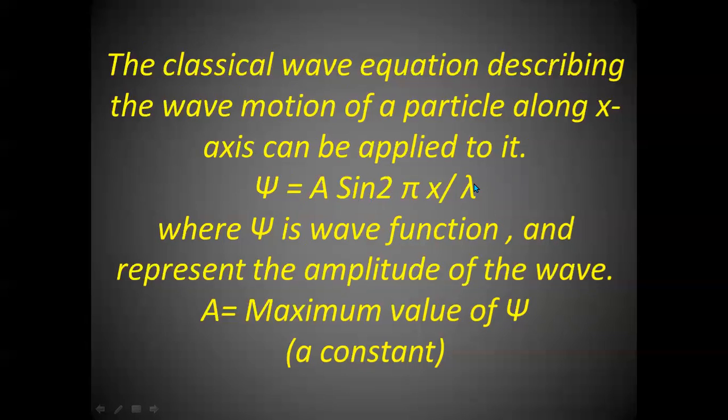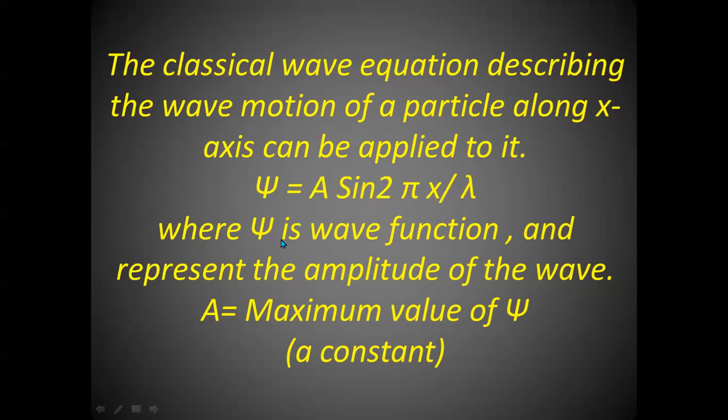Psi, lambda, nu, delta, etc. are Greek letters. This is psi, this is lambda, and sine means trigonometric ratio. So psi is equal to A sine 2 pi x by lambda.